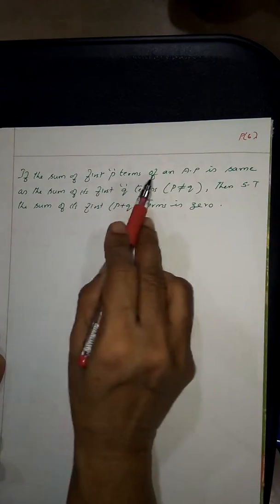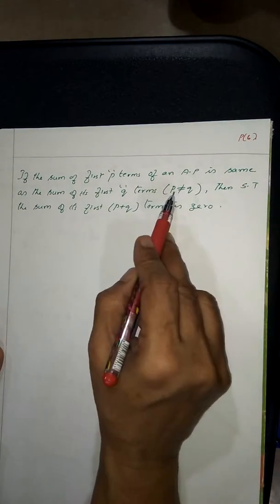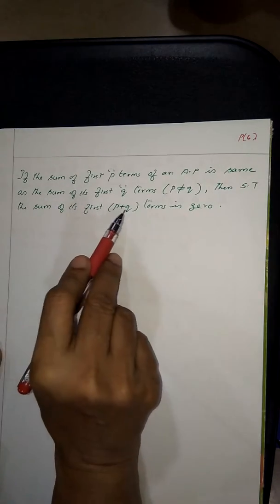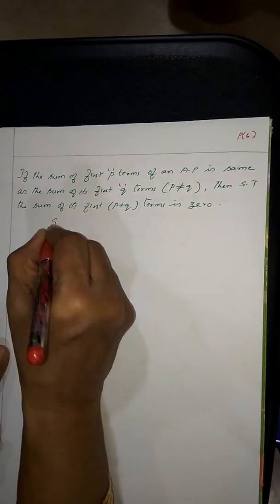The sum of the first p terms of an AP is the same as the sum of its first q terms, where p is not equal to q. Then prove that the sum of the first p plus q terms is 0. So SP is equal to SQ.